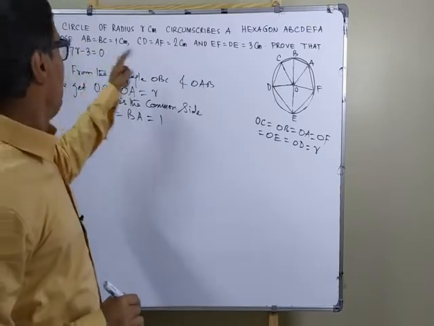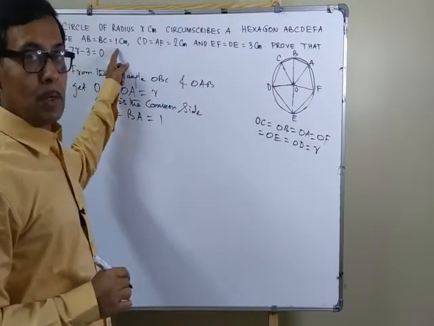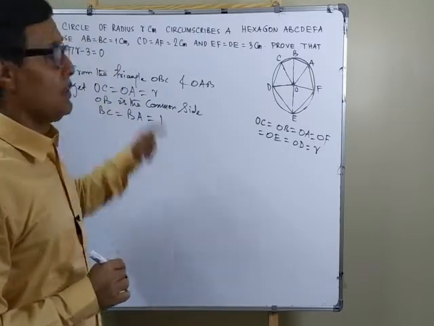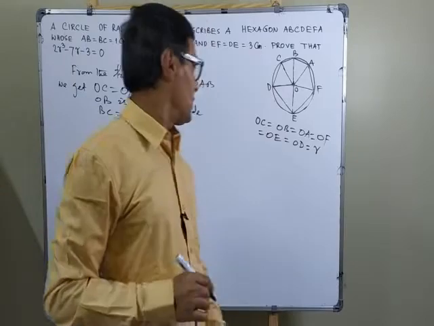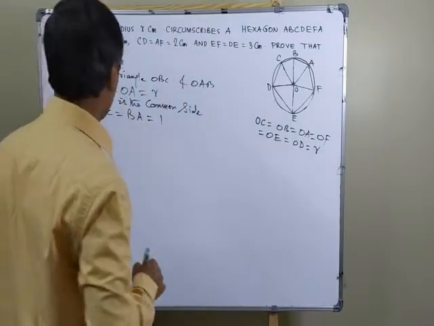Each of the lengths of AB and BC is 1 centimeter. So BC is equal to AB is equal to 1.